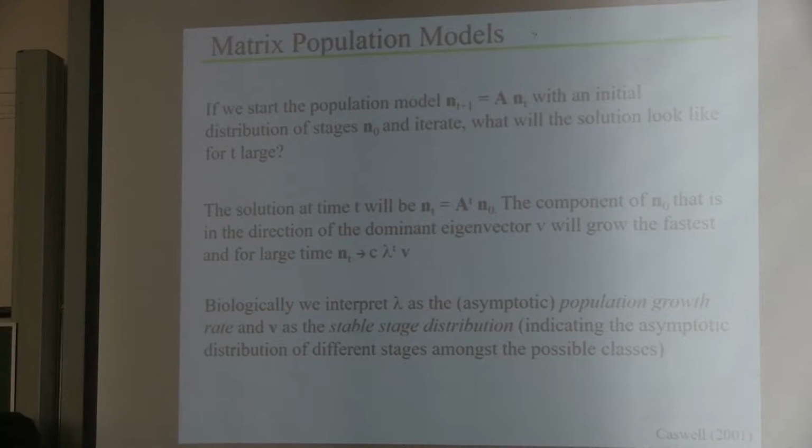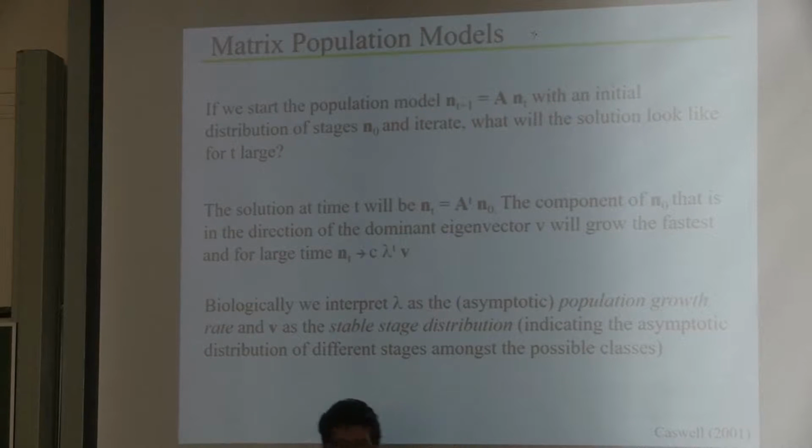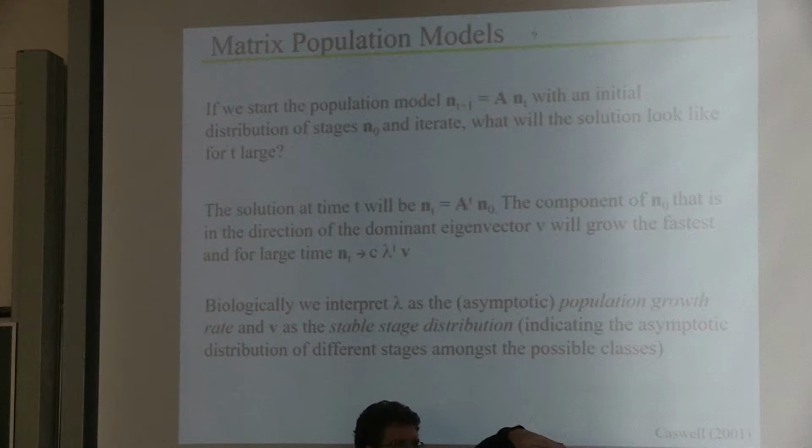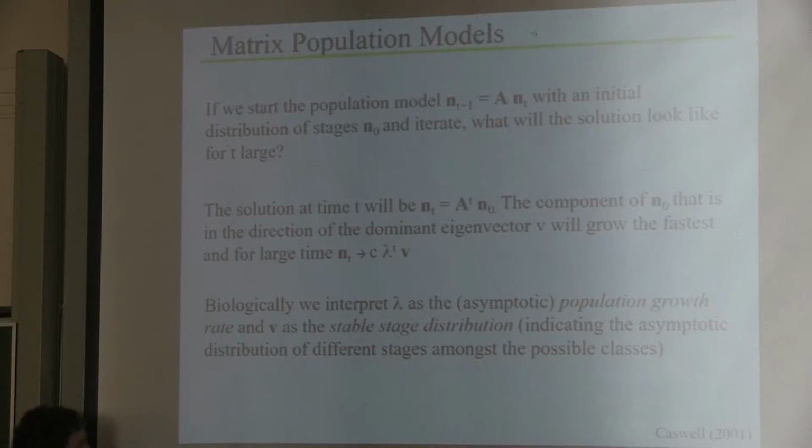After many iterations in time, if you look at that eigenvector, it'll give you proportions in each of the different stages after a long period of time. This is quite useful. It not only tells you the growth rate, but the relative proportions that you should see in the population after sufficiently long. Any questions on this part?